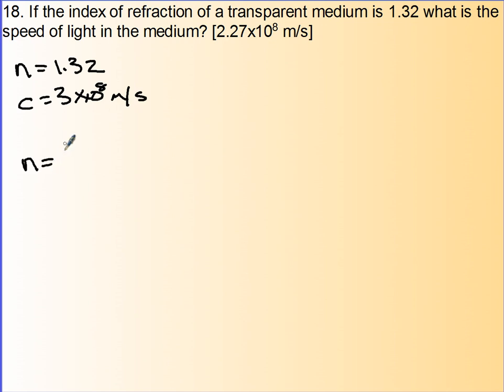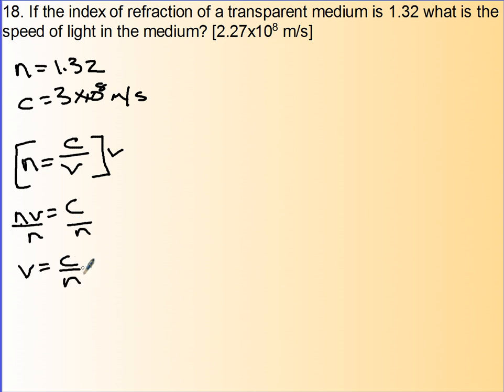And I know the index of refraction is defined to be C divided by V. So I want to find V, so I'm going to get rid of my denominator, so I'm going to multiply by V. So NV is, those are canceled, C. So I want V, so I'm going to divide both sides through by N. So V is C over N. Now I plug in my numbers. 3 times 10 to the 8th divided by 1.32 is 2.27 times 10 to the 8th meters per second.